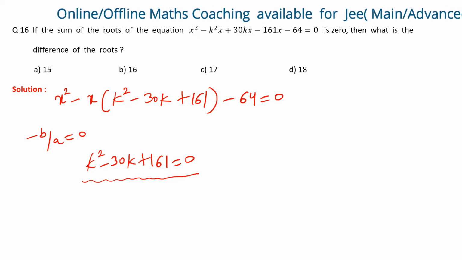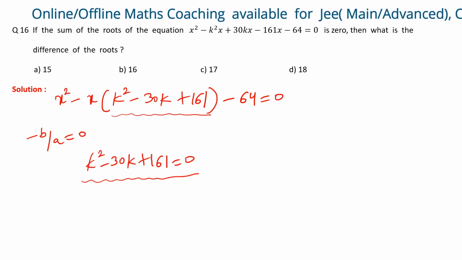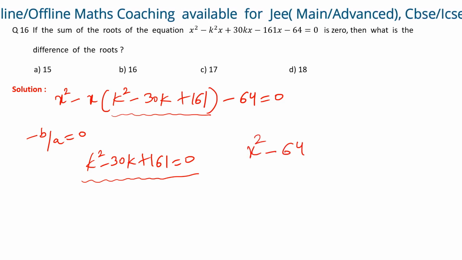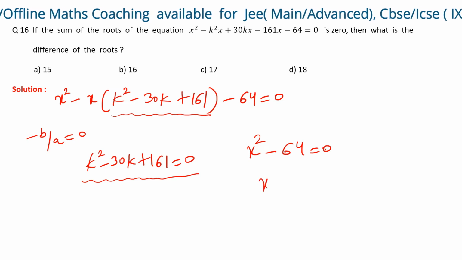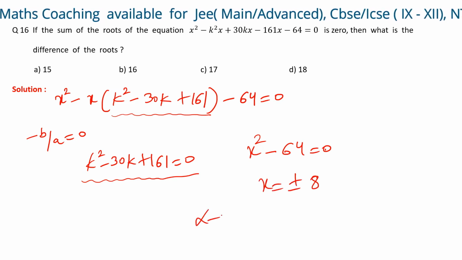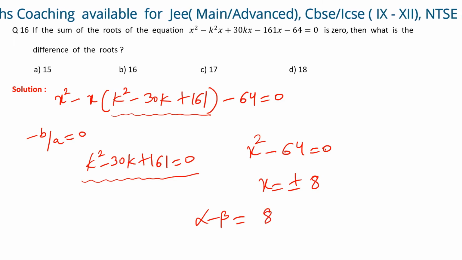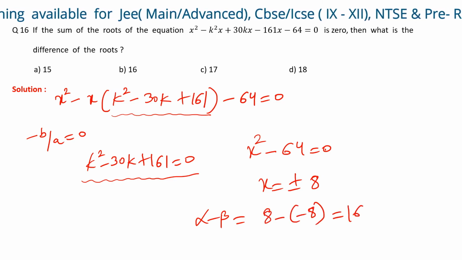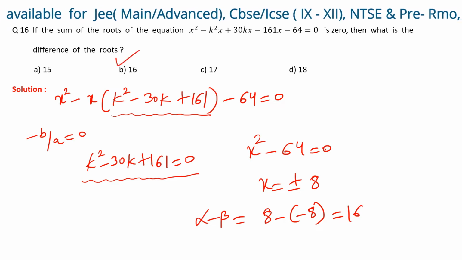Now, since this value comes out to be 0, the original equation becomes x² − 64 = 0. So hence the roots are ±8. And if the roots are ±8, then obviously the difference of the roots is just 16. That means B option is the correct one.